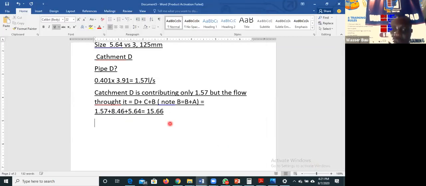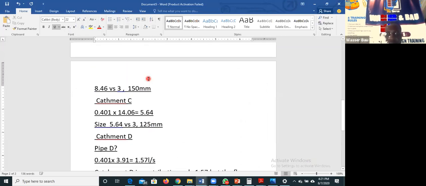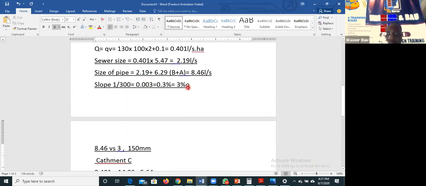So to size the pipe, 15.66 versus 2.5. I don't need to start going through again. This is the slope.